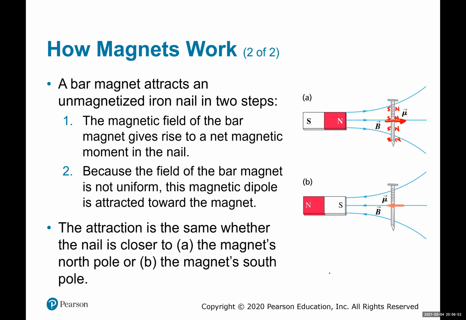If we reverse the magnet, fine, same thing happens. The norths are attracted to the south. There is a net dipole moment to the left, but now the field points in.